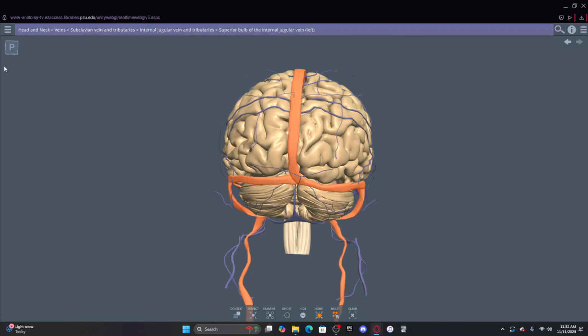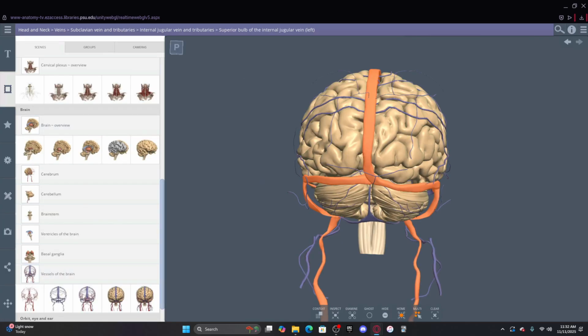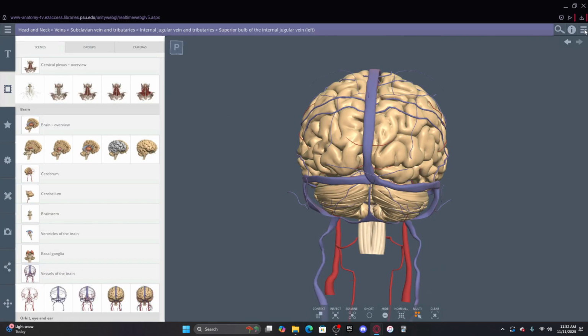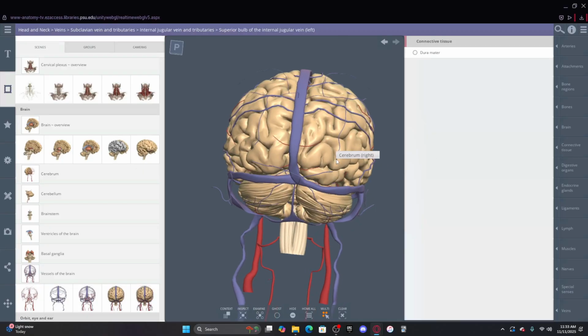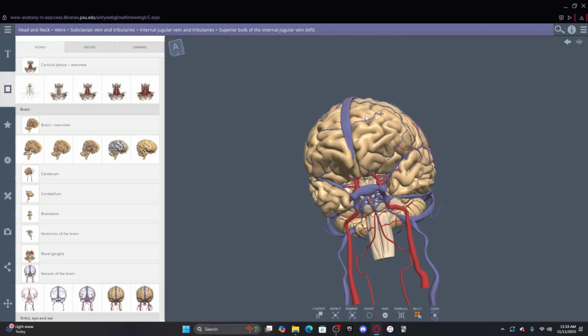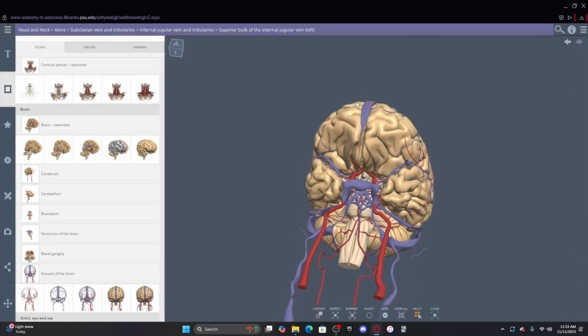Now we're going to move on to the last thing, the circle of Willis. All right, so this gets a little bit complicated, so I'm going to slow it down.